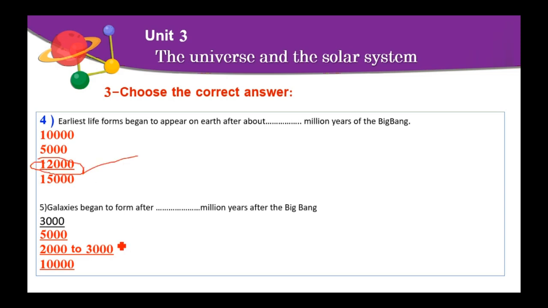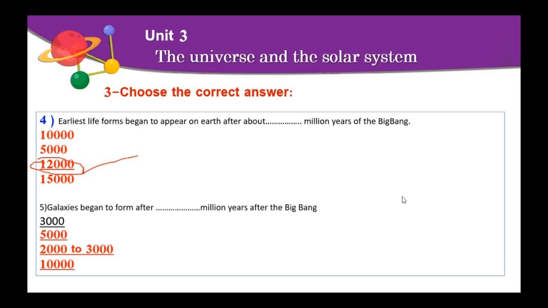Galaxies began to form after space million years after the Big Bang. Is it 3,000, 5,000, 2,000, or 10,000 million? The solar system was born at 10,000, before it was the Milky Way.